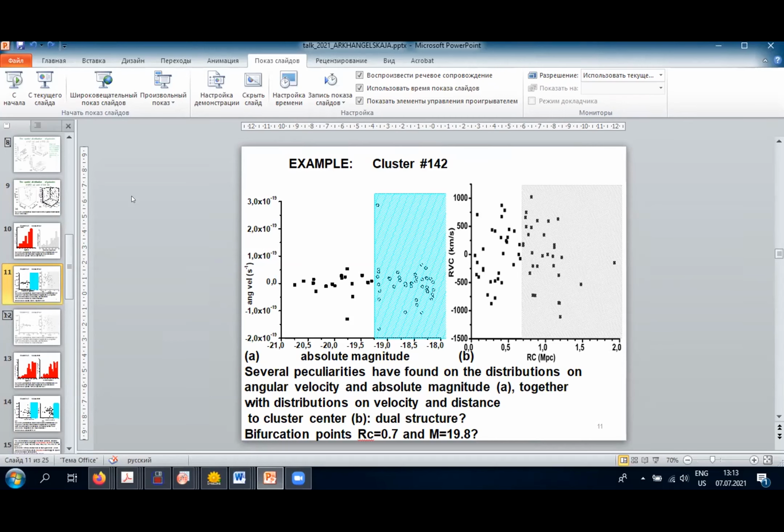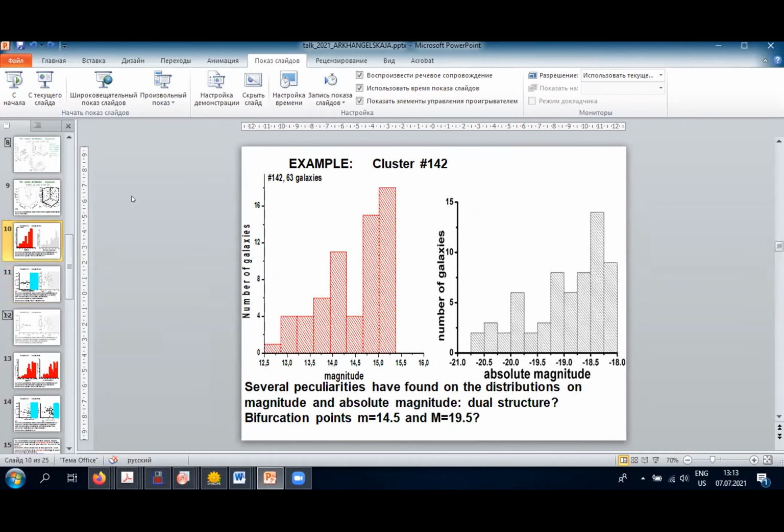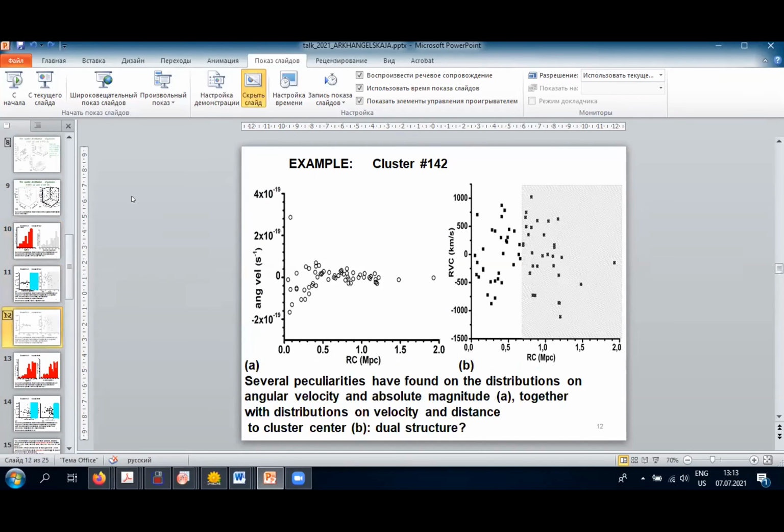If we consider that it is a real dual structure, we have bifurcation points at a magnitude equal to 14.5 and an absolute magnitude equal to 19.5.